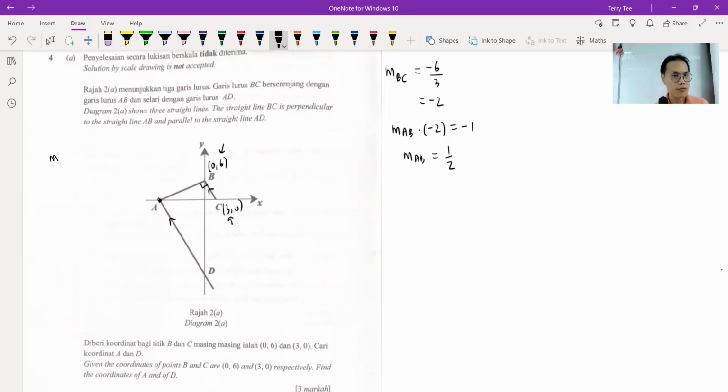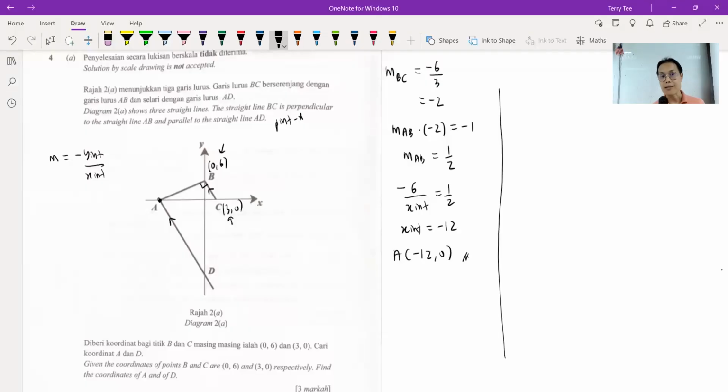Remember, I'm using this formula again and again. Negative y-intercept over x-intercept, pintasan y divided by pintasan x. So my y-intercept is -6. My x-intercept, I don't know. I write x-intercept here. The result is half. When you multiply, your x-intercept is -12. Therefore, your A is -12.